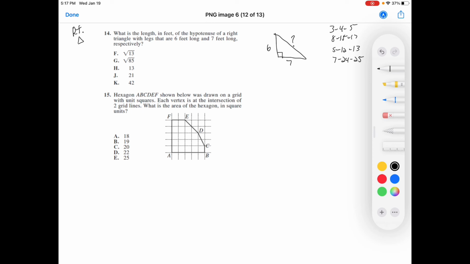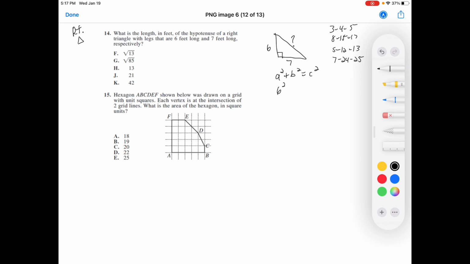And so if you don't have a triple, then you can do the Pythagorean theorem, which is a squared plus b squared equals c squared. And c is going to be our hypotenuse, so that's what we're solving for. Let's plug in a and b.